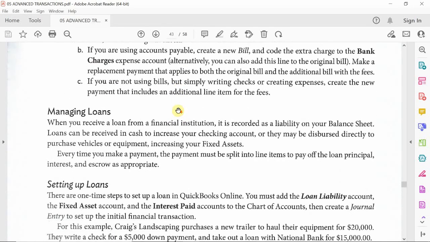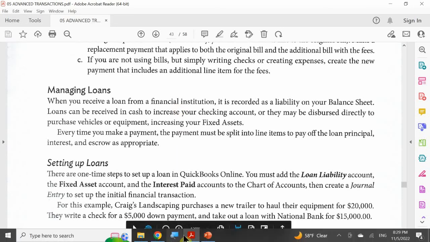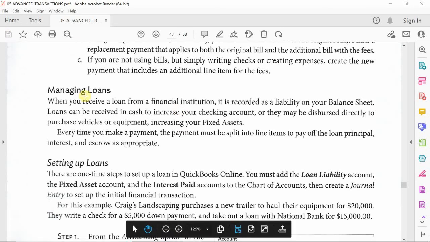So the last section for this chapter is going to be looking at managing loans.